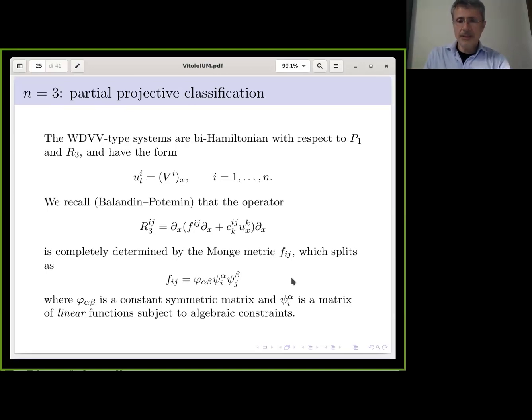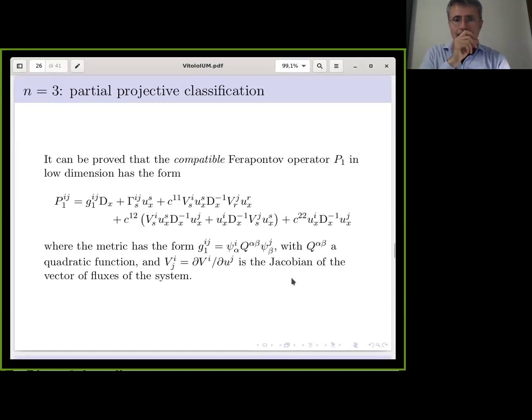We will use this splitting because it can be proved that the compatible Ferapontov operator of the first order, compatible with the third order one, in low dimensions, has the form which I wrote here.